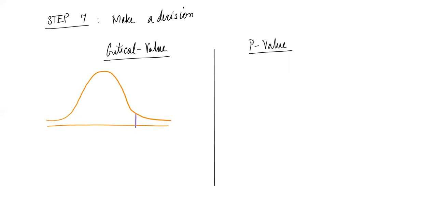But remember again, for critical value, your alpha was your shaded region. Once we decided right-tailed or left-tailed, your alpha was the critical region. So alpha, this was 0.05, which is your alpha. And we got the z to be 1.645.